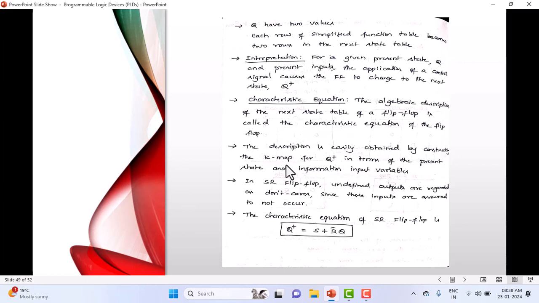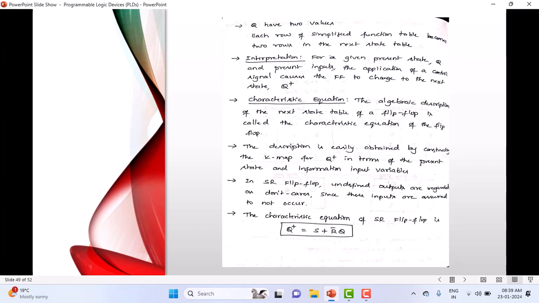You can use a K-map, but if you simply analyze the truth table of any flip-flop, you can also write the characteristic equation. But I would suggest using a K-map to get a correct expression. I will show you the characteristic equations for all the flip-flops. And if you remember the characteristic equation, you can simply realize it using logic gates.